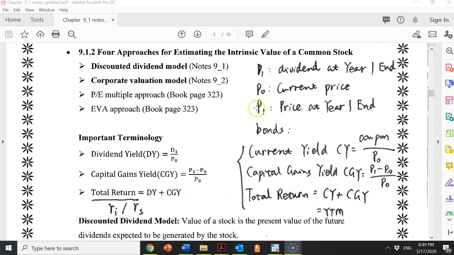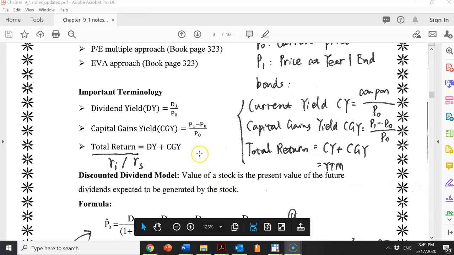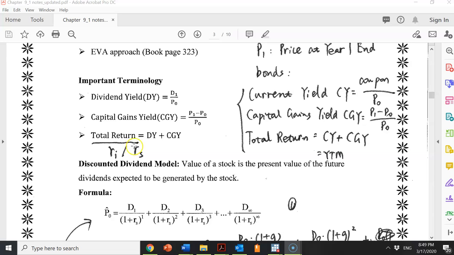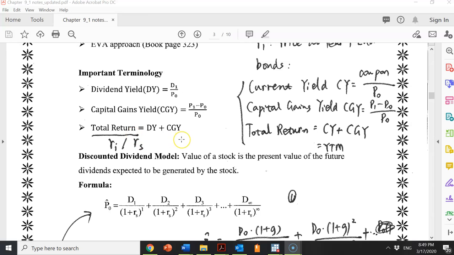Okay, and for capital gains yield, we use the price P1, the price at year 1 end, minus the current price P0 for the stock, divided by P0. And it's the same formula for the bond. Okay, and for total return for the stock, we use DY plus CGY, and for the bond, we use CY plus CGY. Okay, we're going to calculate these in the coming examples.